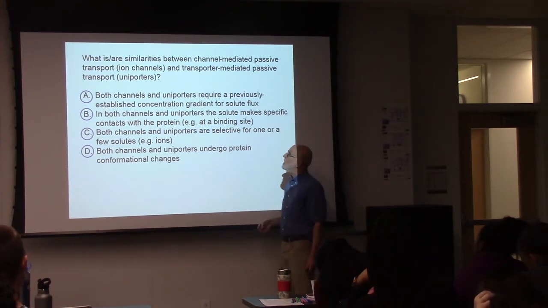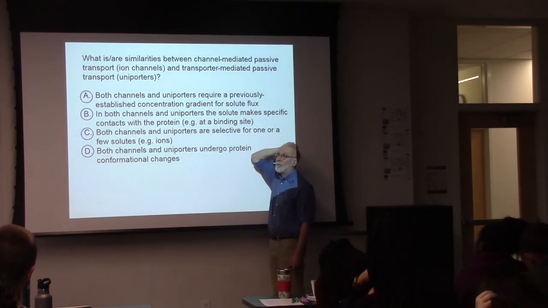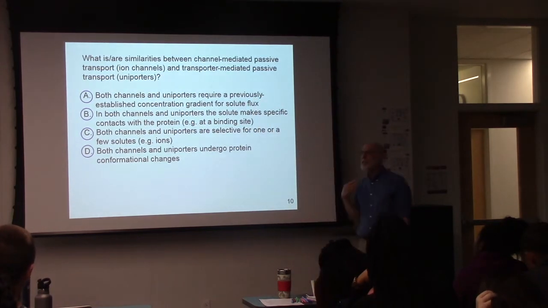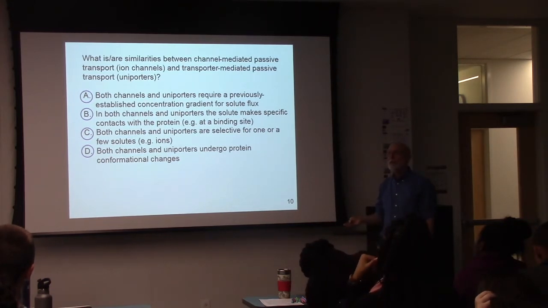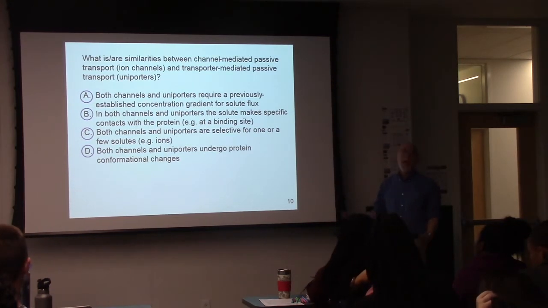The only way to get a concentration gradient is to have it previously established. These transporters are passive. They don't establish gradients. They use gradients that were established by active transporters. Did that help? Yes, thank you.